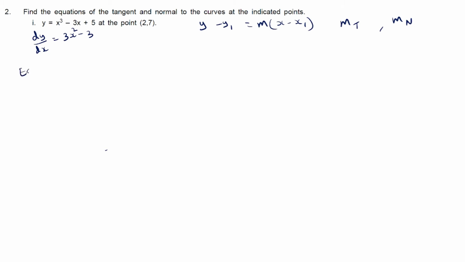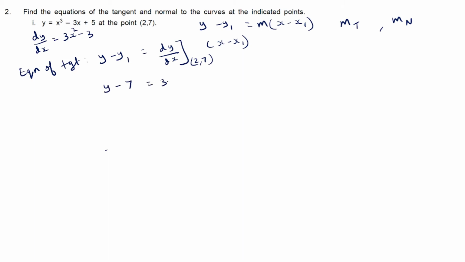Now equation of tangent is y minus y1 equal to dy by dx at the point 2, 7 into x minus x1, or we have y minus 7 is equal to 3 into 2 square minus 3 into x minus 2.